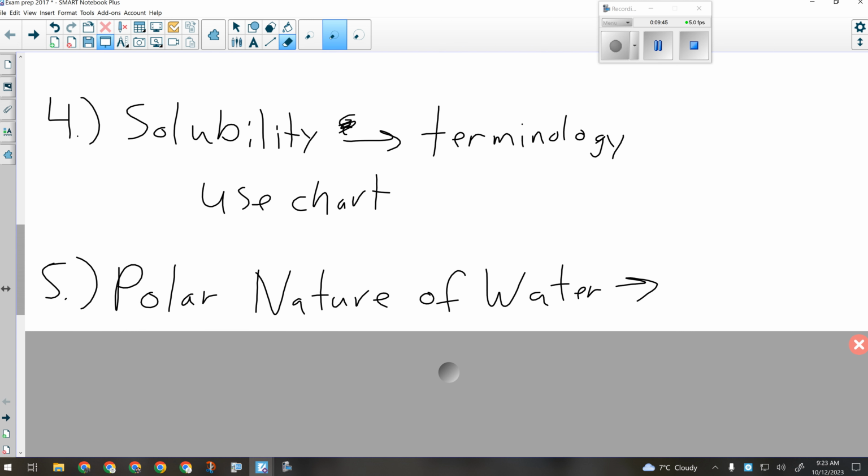Is that the one where it climbs up? That's later, not there yet. That's hydrogen bonding and cohesion and adhesion. So being able to say what a polar molecule is. What that means for the molecule is that it's going to have a positive end and a negative end at least, if not two positive ends and two negative ends, like water does, which could lead to it being able to have what kind of bonding?